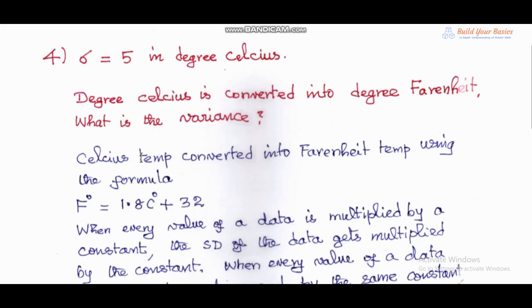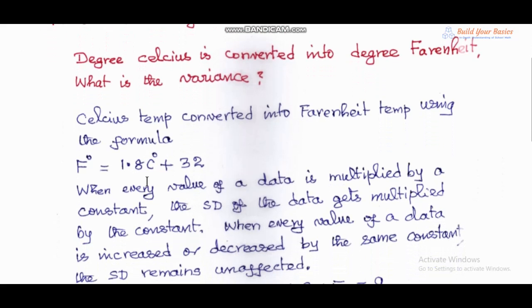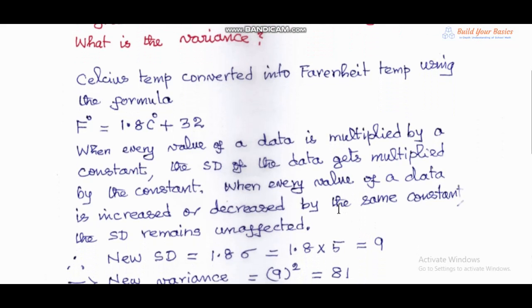Celsius temperature is converted into Fahrenheit temperature using the formula F equals 1.8 into centigrade plus 32. We know when every value of a data is multiplied by a constant, the standard deviation gets multiplied by the constant, whereas when every value is increased or decreased by the same constant, the standard deviation remains unaffected.